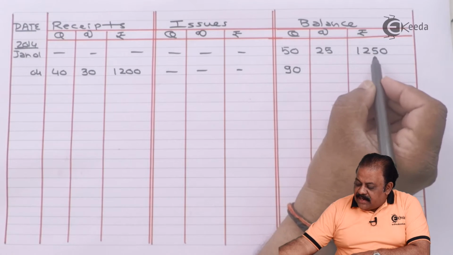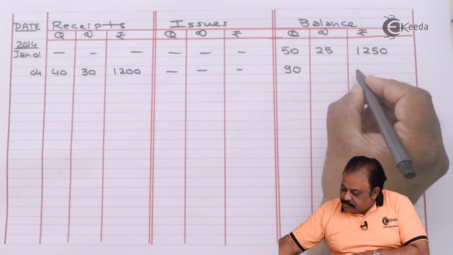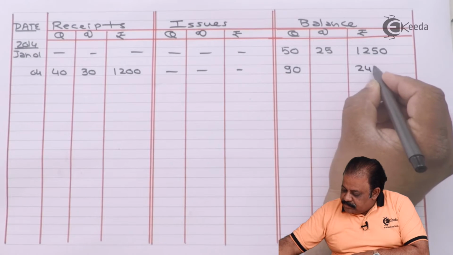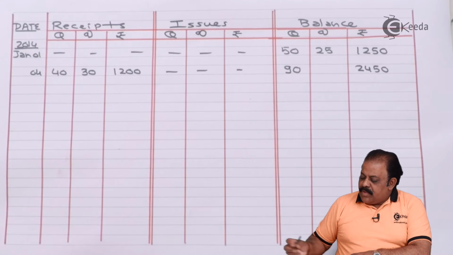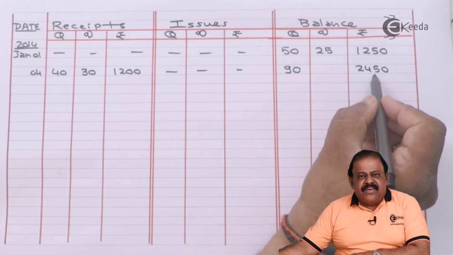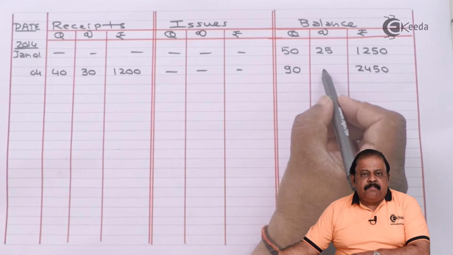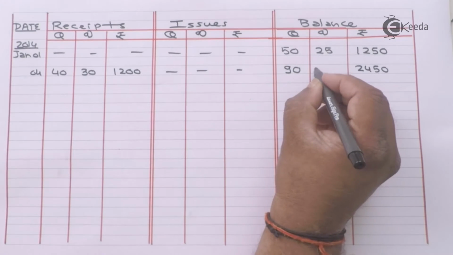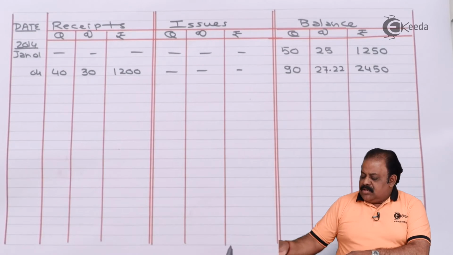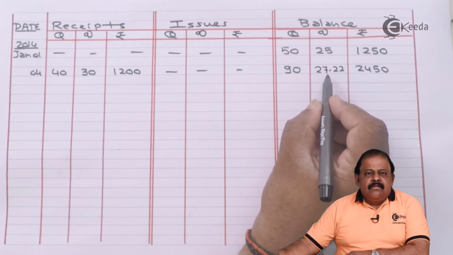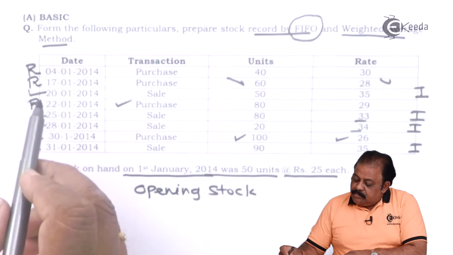These values will be added, 1250 plus 1200. It is 2450. Now 2450 will be divided by 90 to arrive at the weighted average price. It is rupees 27.22 paise. That is the weighted average price.